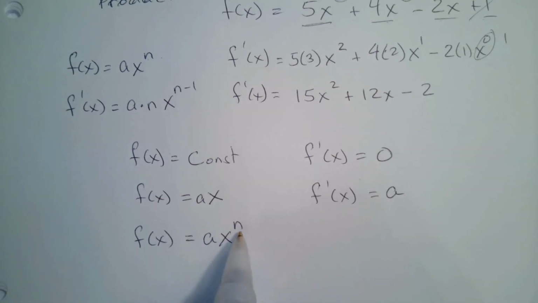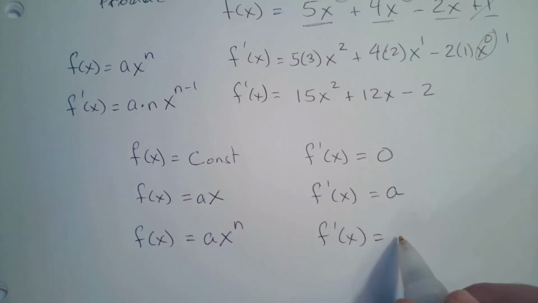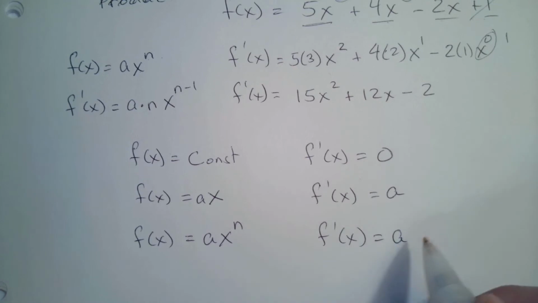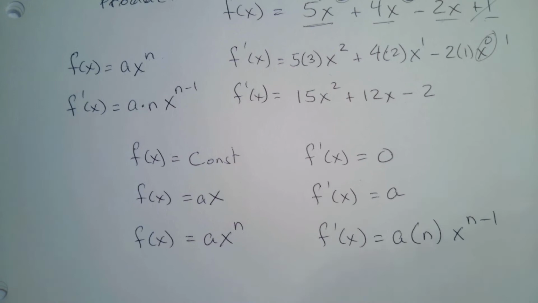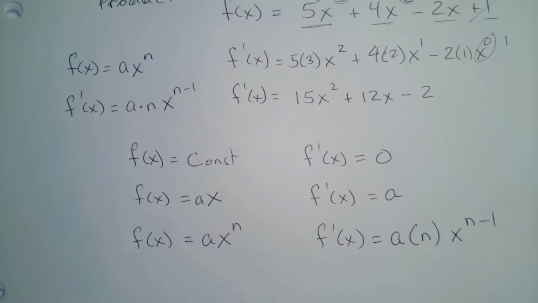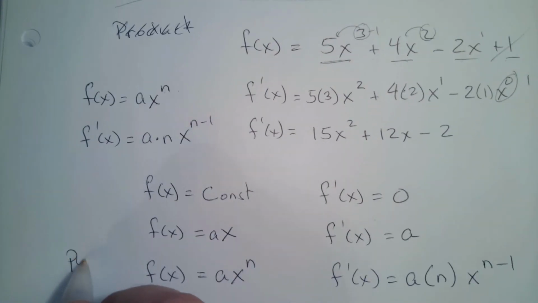If you have a coefficient, even if there's nothing there, it's a 1. The derivative is a, the coefficient, times the power, n minus 1. So that's what we just did up here in all those. Okay, so that's called the power rule.